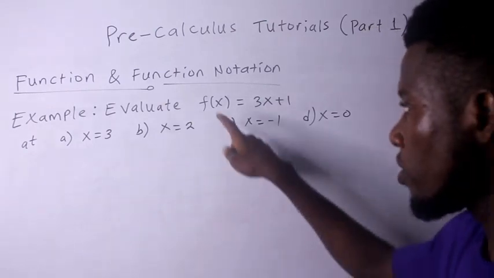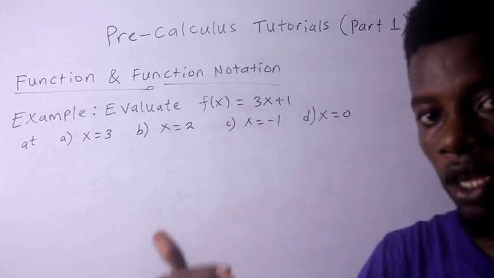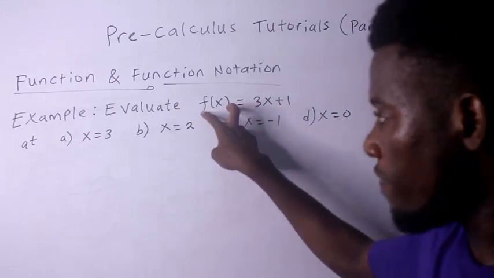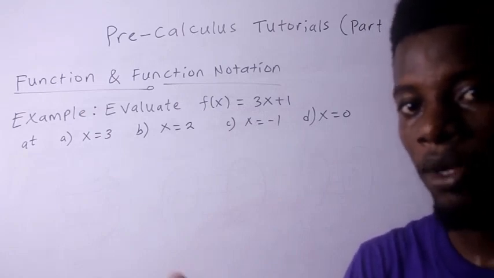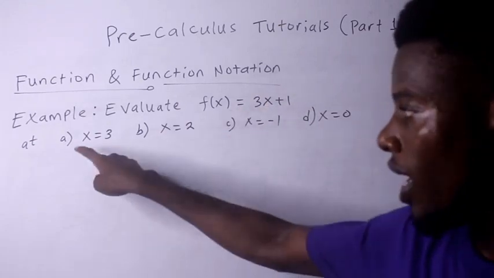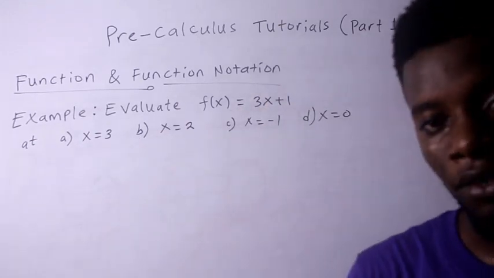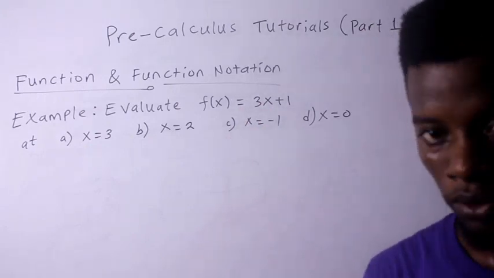Now, f of x equals 3x plus 1 is a function, and we previously said that f of x can be replaced with y. So f of x is the same as y. How do we evaluate this function at each of these values? Pay attention, and let's take you through.